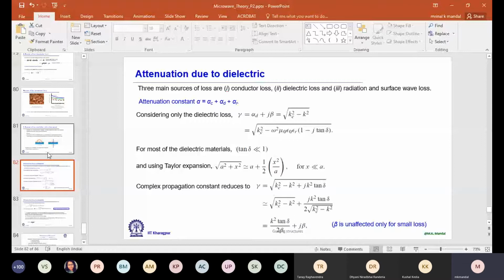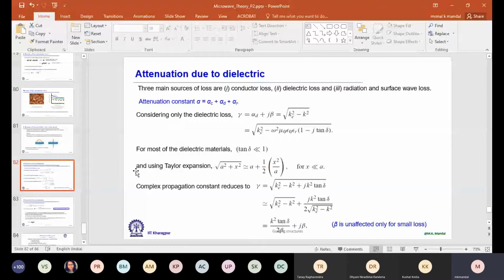Now, if I have a rectangular waveguide, it's a closed structure, so alpha R should be 0. We have only alpha C and alpha D. Further, if the inside part of the waveguide is vacuum or dry air, then we can neglect alpha D. So the only component we are left with is alpha C. Also, we have some derivation in T. M. Pozar's book.